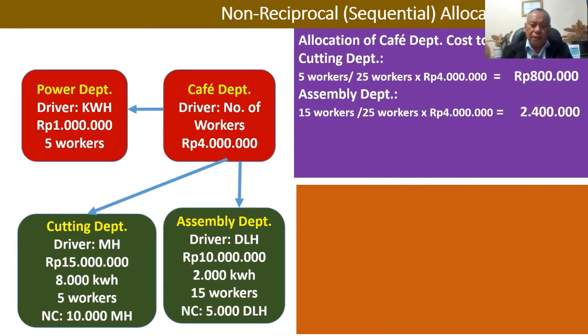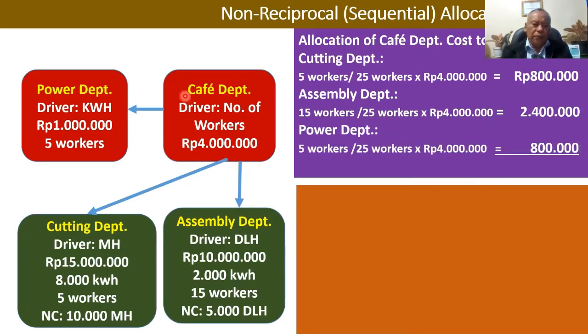For assembly, 15 workers divided by 25 workers times 4 million gives 2,400,000. To power department, 5 divided by 25 times 4 million gives 800,000. The total must equal 4 million.